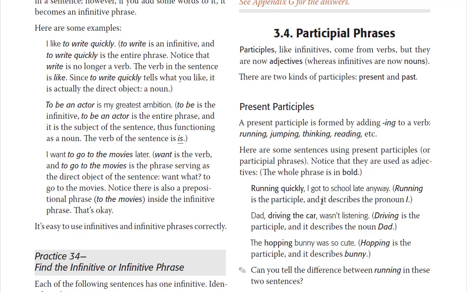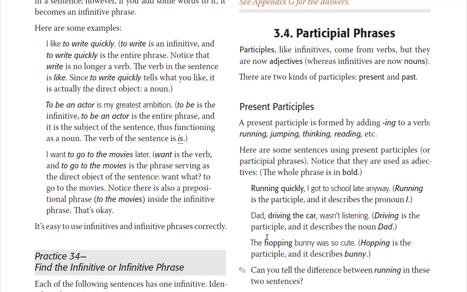Running quickly, I got to school late anyway. So running is the participle, and it describes the pronoun I. And so here the present participle is being used as an adjective. Dad driving the car wasn't listening.